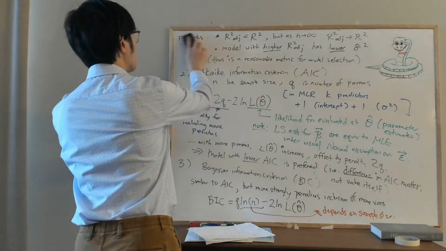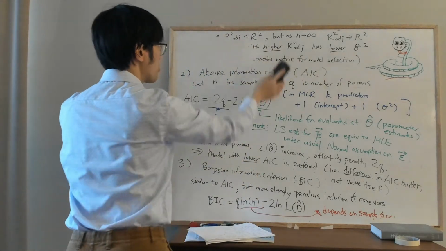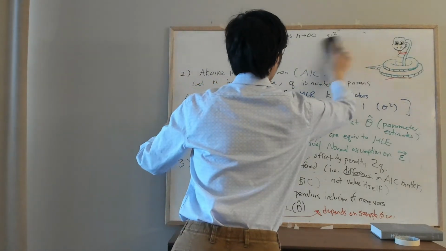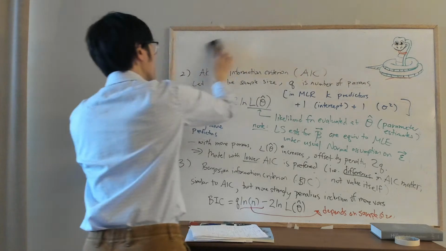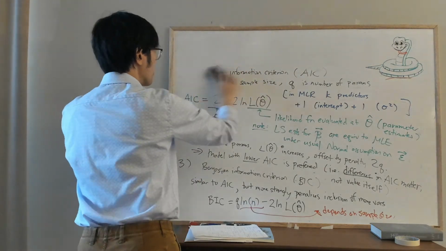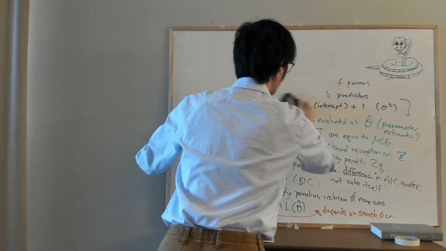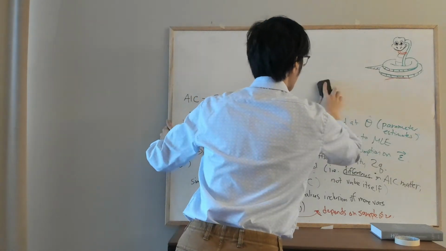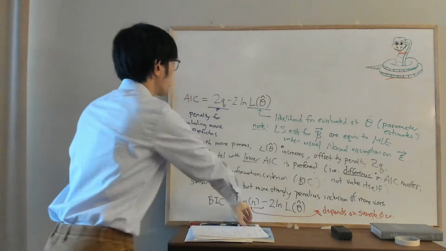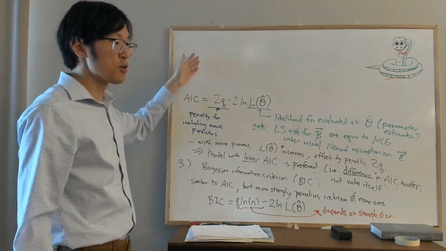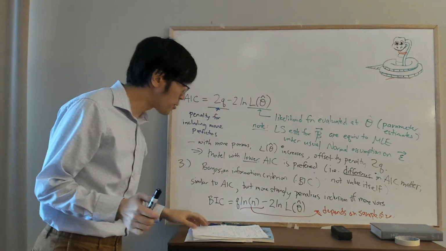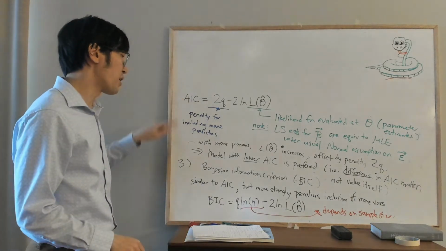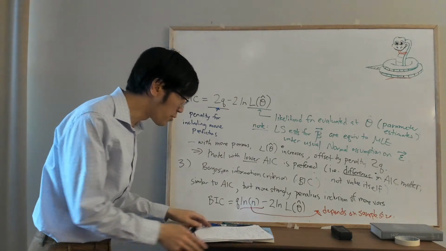Okay, just to summarize, I've given you 3 examples of metrics that we could use to select between different models. Large adjusted R squared is preferred, and small values, the lower values of AIC and BIC, are preferred.